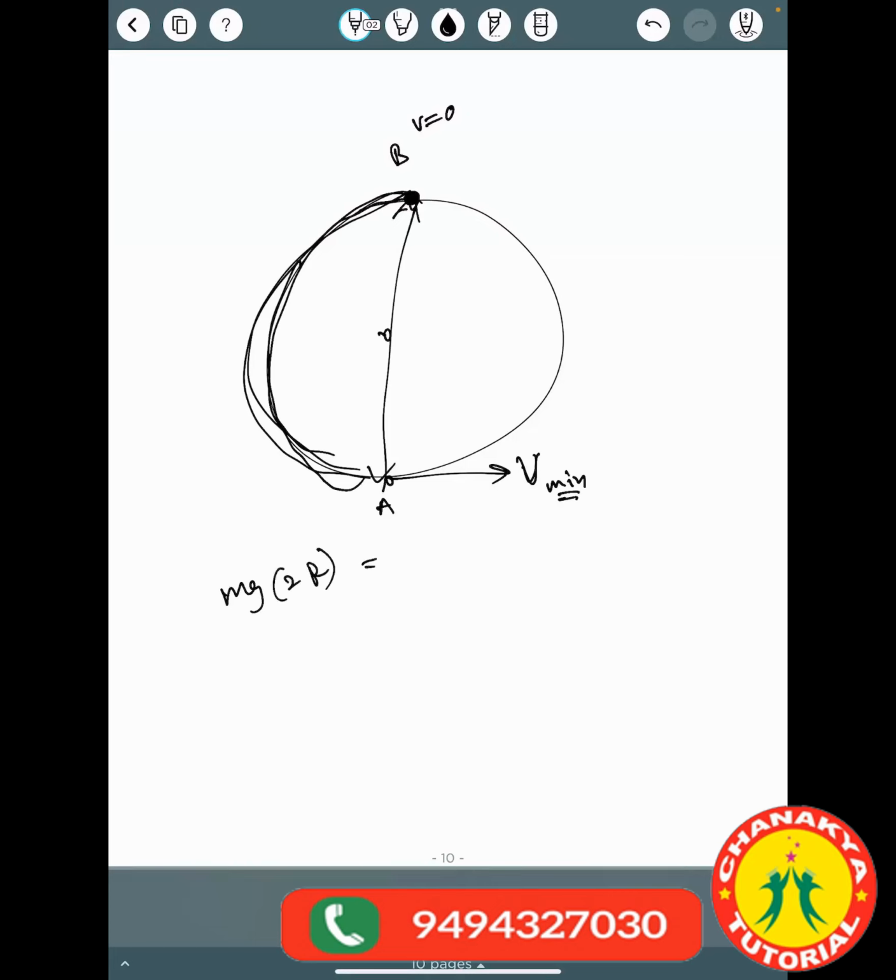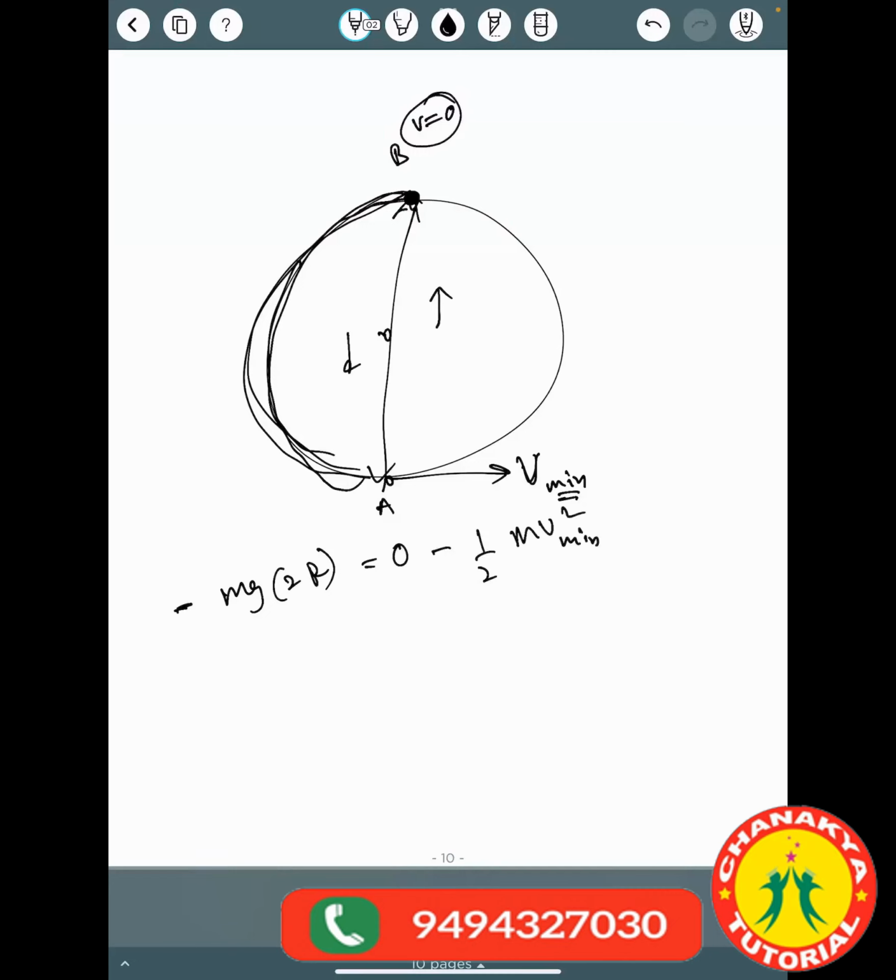This is equal to the change in kinetic energy. Final, this, because the displacement is going up and gravity is acting down, so it will be negative. Final kinetic energy, since it is just reaching the top, is 0, minus half m v minimum square.